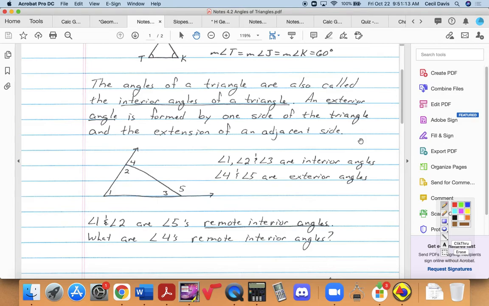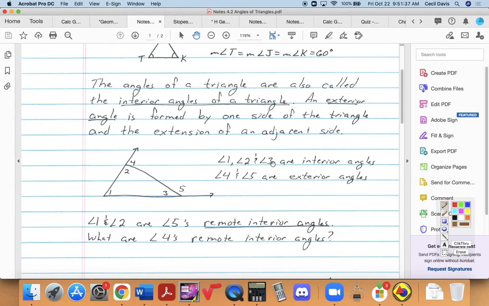So here's the deal. The angles of a triangle are also called the interior angles of the triangle. Why? Because they're inside the triangle. That's the interior. The interior of a room is what's inside the room. The interior of the triangle is what's within the borders of the triangle. So in this diagram, 1, 2, and 3, they're all called interior angles.